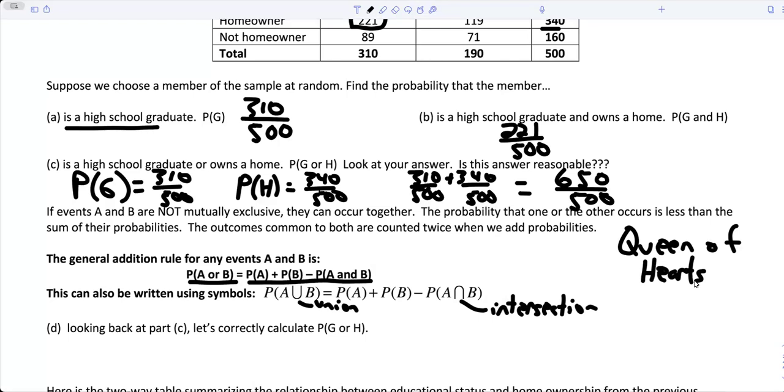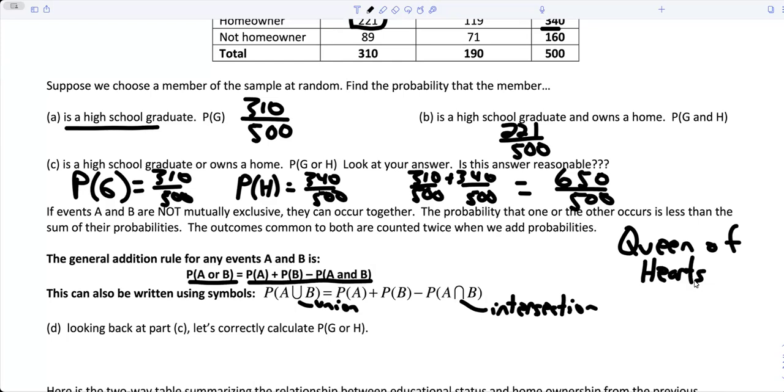So I have a standard deck of cards. How many cards are in a standard deck? 52. So what is the probability that I select a queen or a heart?